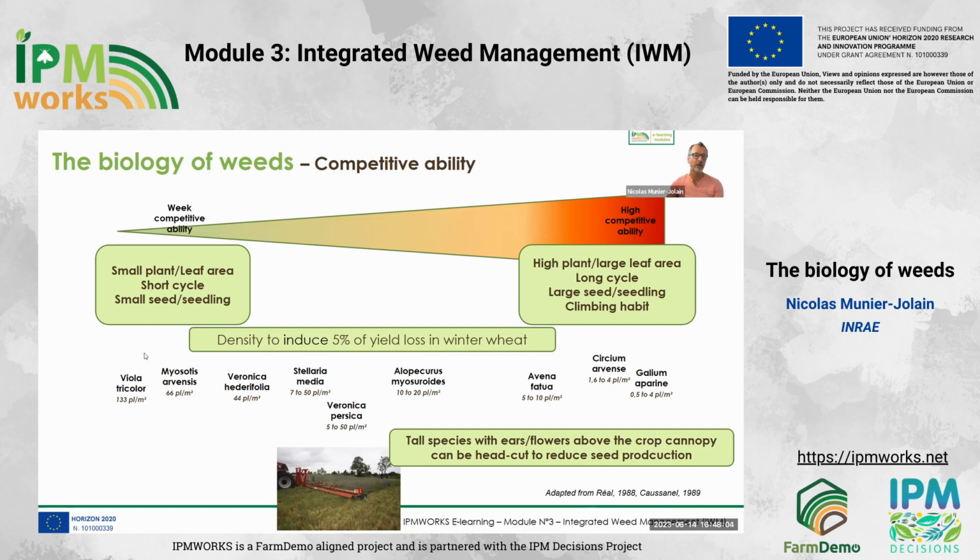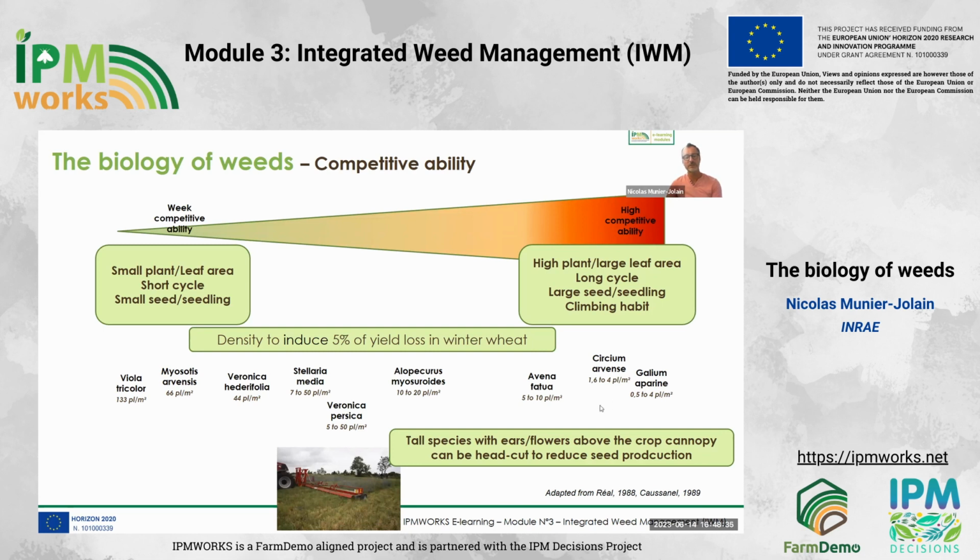And you can see, for example, that 5% of yield loss in winter wheat can be produced by more than 100 plants per square meter of Viola tricolor, or 70 plants per square meter for Myosotis arvensis, whereas 0.5 to 4 plants per square meter of Galium aparine, so a much smaller number of plants, can produce the same level of yield loss.